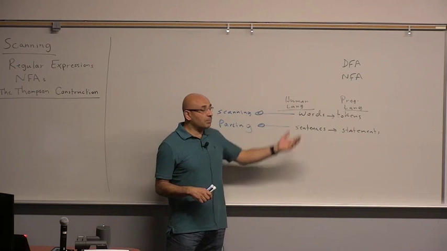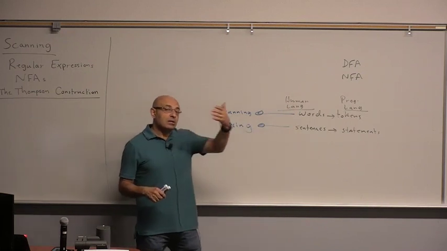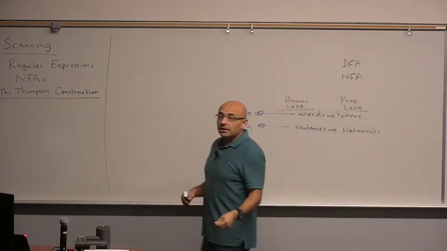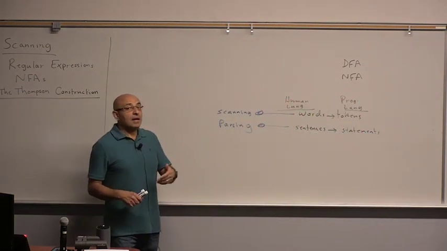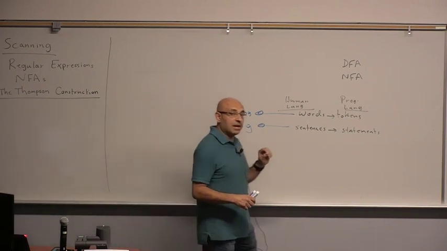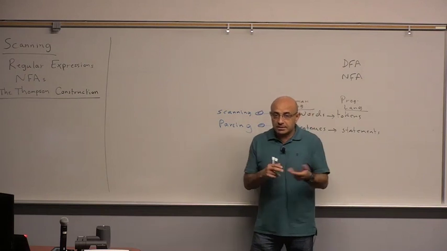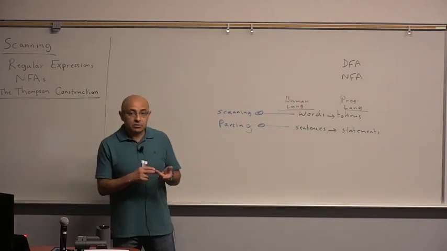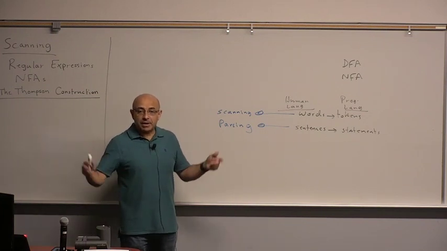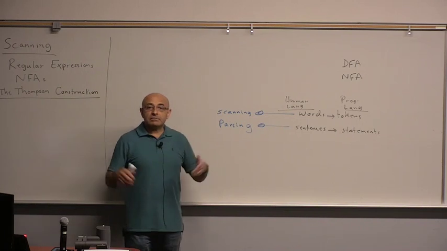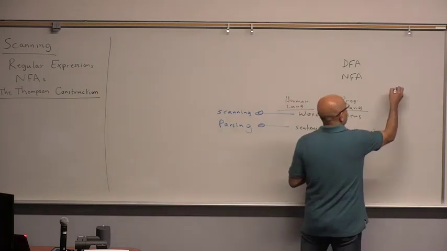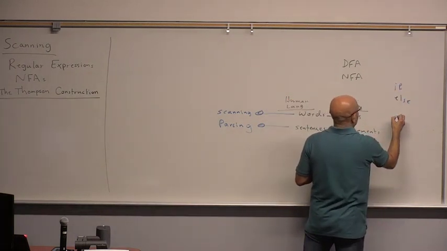And the words in a typical programming language are the numbers, the integers, variable names, the different operators, and the keywords of the language. So these are the main parts of speech in a language: numbers, constants, variable names, which we call identifiers, the different operators, plus, minus, and the keywords of the language, like if, else, while.